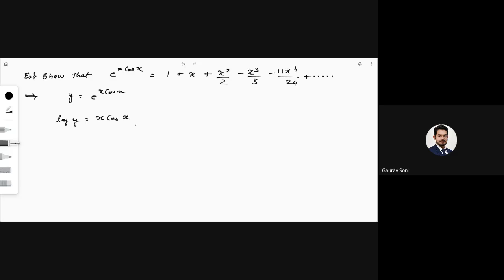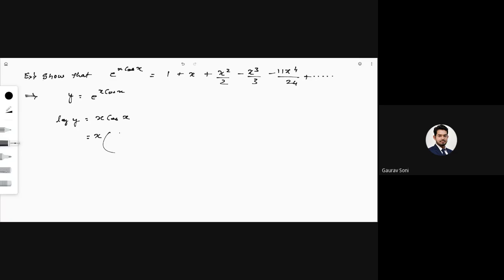But then you will have to take e raised to something and then expand. Fine, that is also right. So we have the series x in bracket cos x.